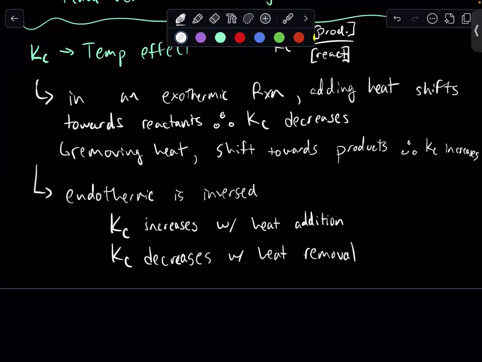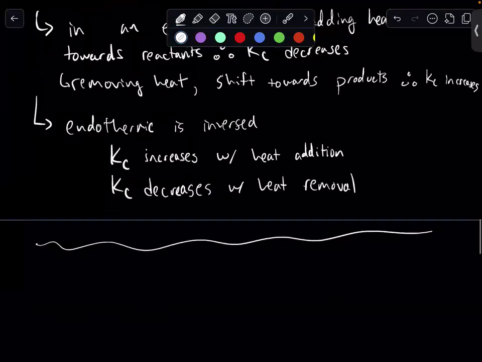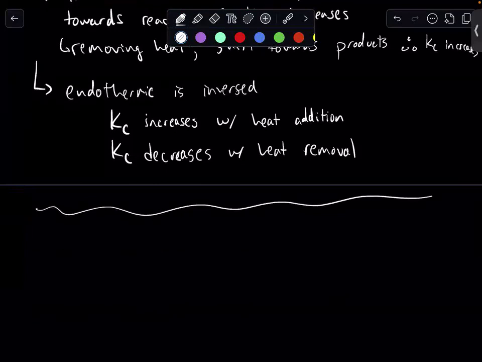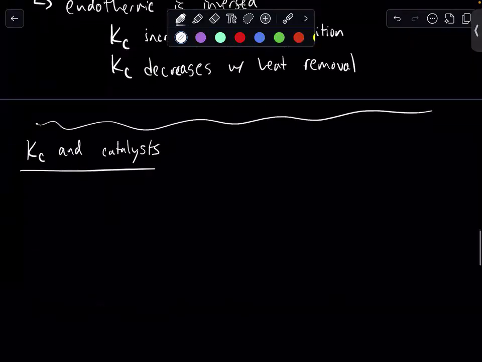The final piece of this entire lesson is actually talking about catalysts. So Kc and catalysts. Now we remember that a catalyst increases rate by reducing activation energy, by providing an alternate route.